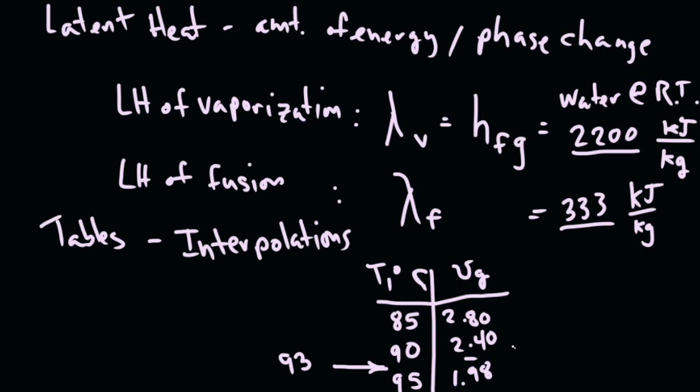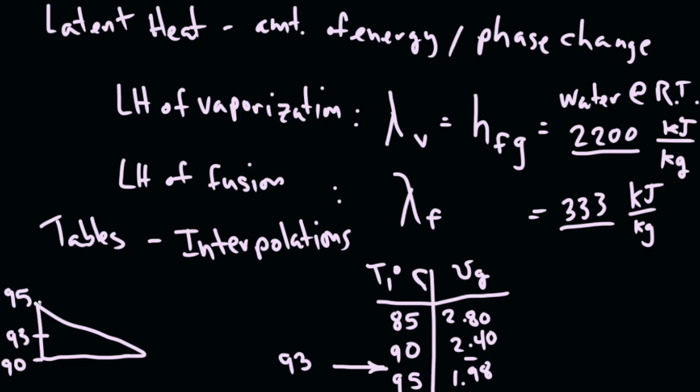I'm not going to go too in depth on interpolation here, but you would set up a similarity triangle. I have an X and a Y axis. My Y axis is temperature: this is 90 degrees, I need to find a value at 93, and this is 95.